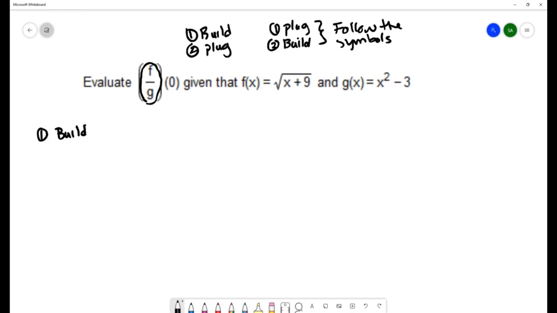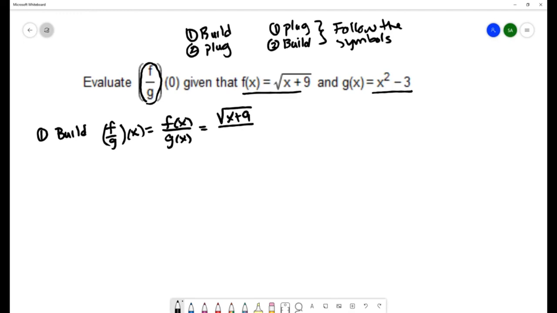So we want to build the function f over g of x. The function that's in the name is descriptive of how to build the function. So we want to take a function named f of x and divide it by a function named g of x. And we're given that f of x and g of x. So f of x is the square root of x plus 9. G of x is x squared minus 3. So we've built the function that's been described.